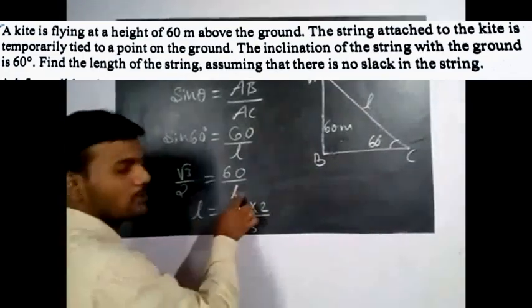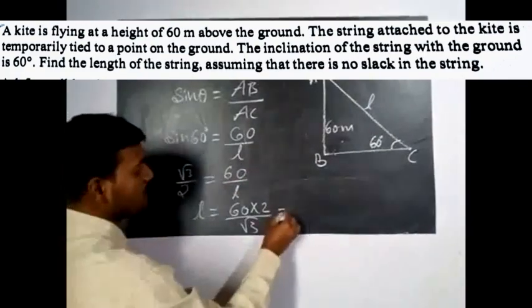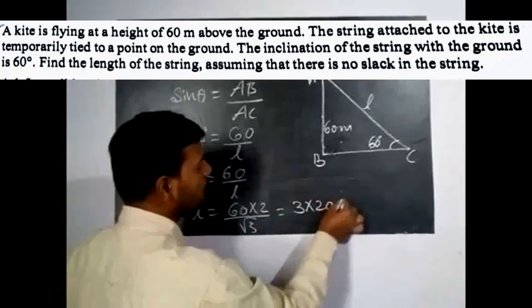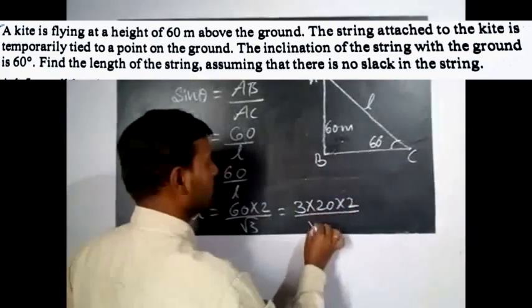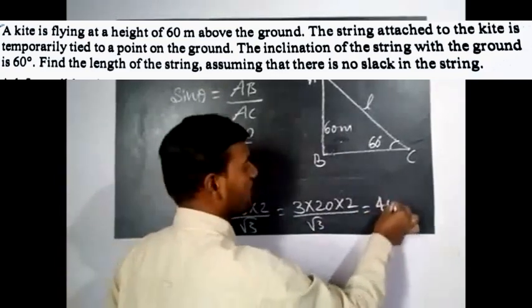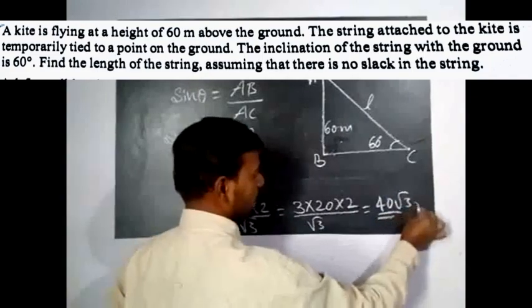Root 3 is in the denominator and 2 is in the numerator. Then 60 can be written as 3 into 20 into 2 by root 3. So here it becomes 40 root 3 meter. Why?